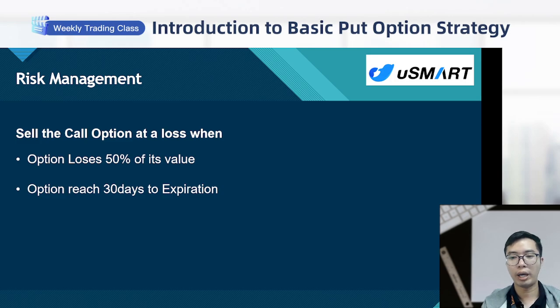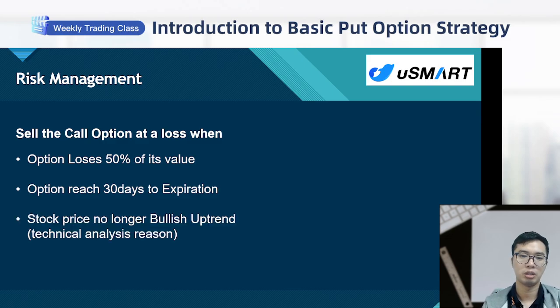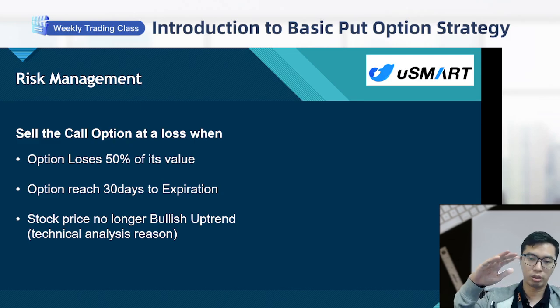And when the option reaches 30 days before expiration, I also will consider cutting off, maybe at some loss, and then getting into another longer expiry date option. And sometimes things will turn.